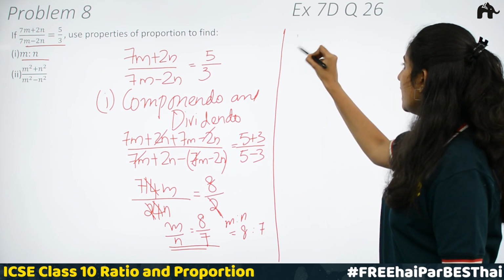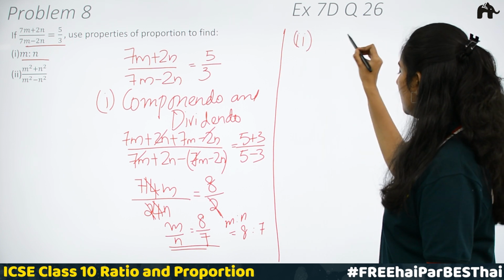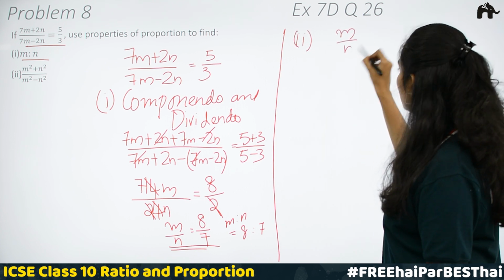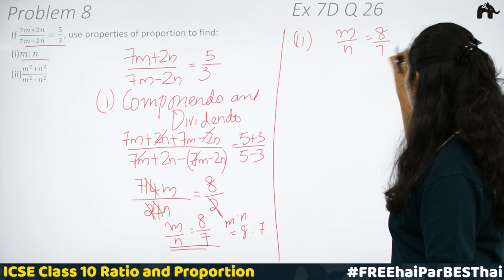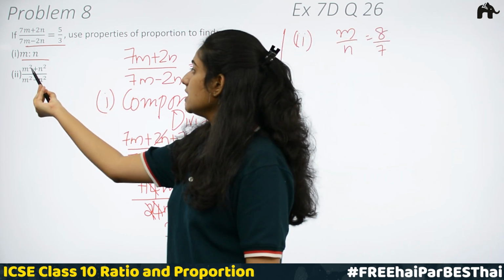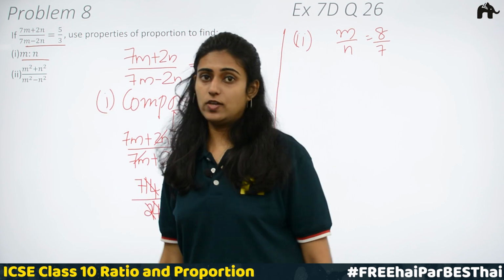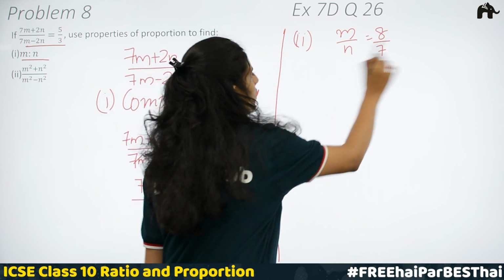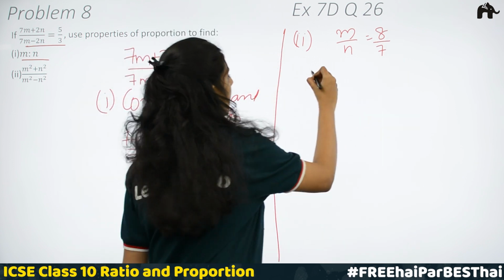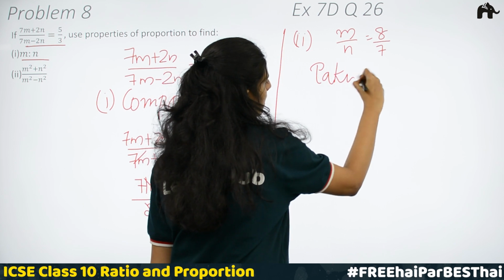Okay, now the second part. Here we have m by n is equal to 8 by 7. Here this form is m square and n square, so you have to square on both sides.